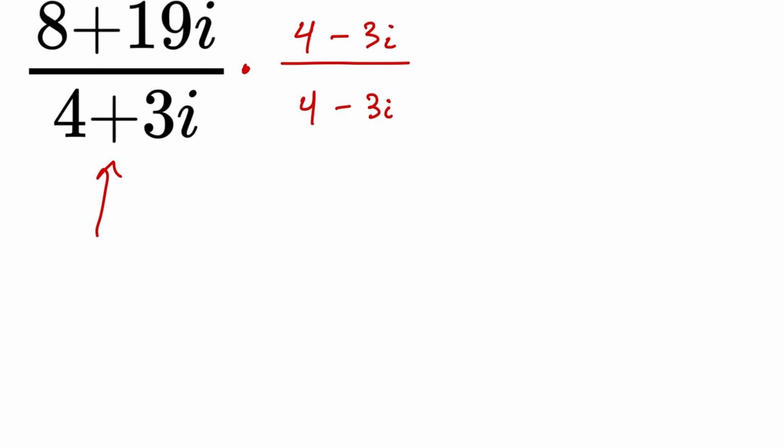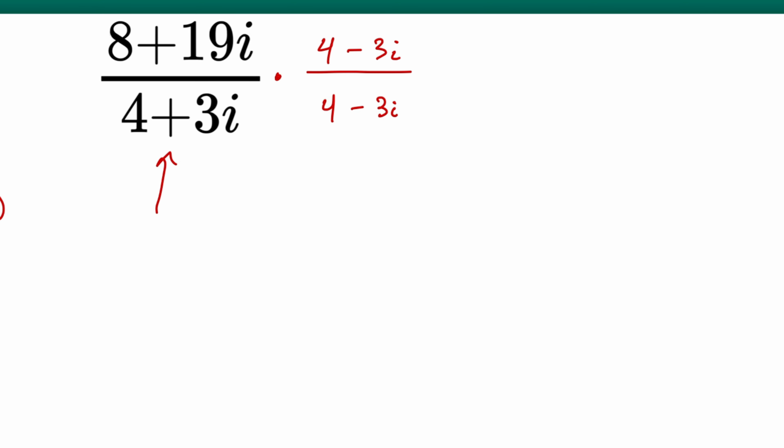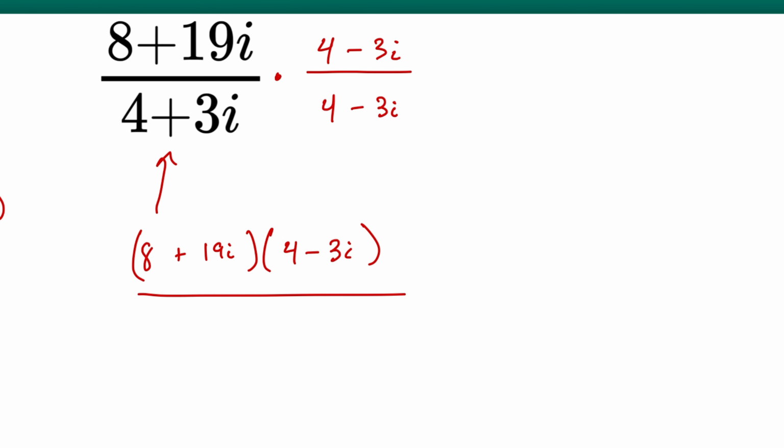Okay, the opposite is the complex conjugate. And then it's everything you've been doing, right? This is 8 plus 19i times 4 minus 3i over 4 plus 3i times 4 minus 3i.